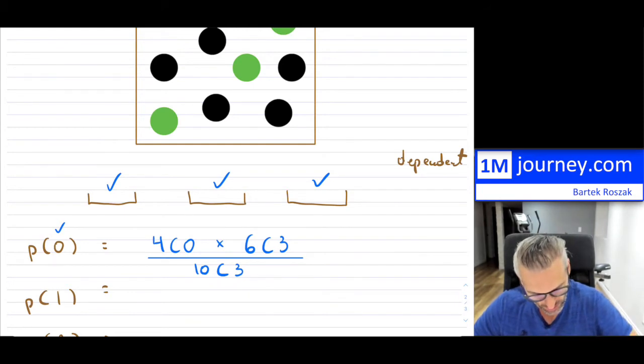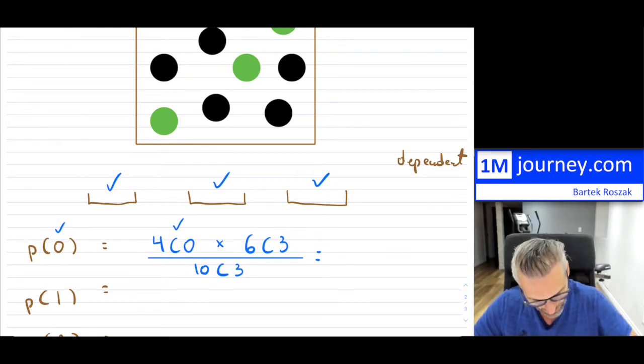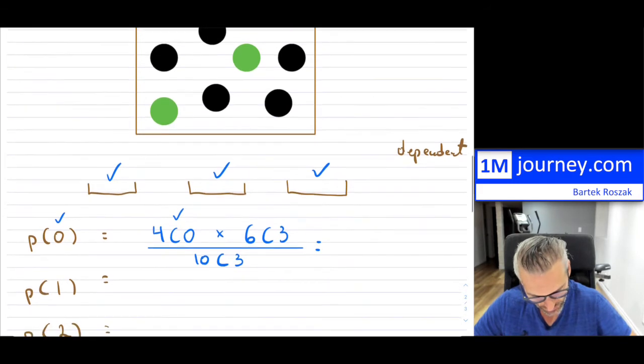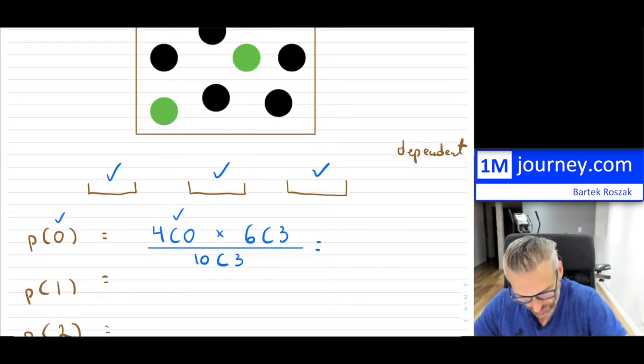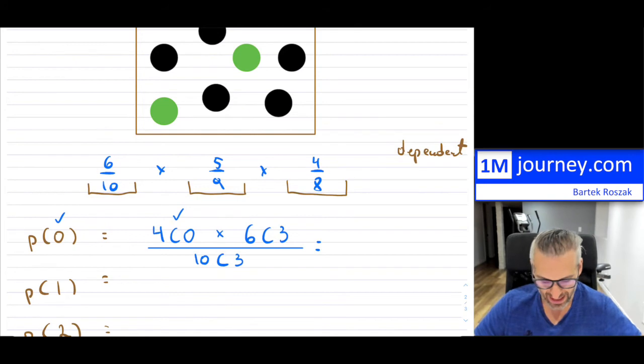Now, if you compute this, 4 choose 0 is just 1, and then we have 6 choose 3, and then 10 choose 3. I'm going to compute that and compare it to what we originally started with, which was 6 over 10, 5 over 9, and then 4 over 8, and it should be exactly the same.